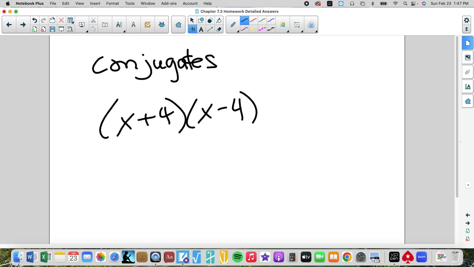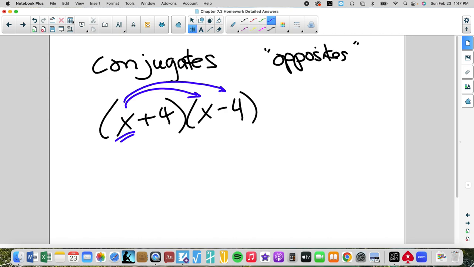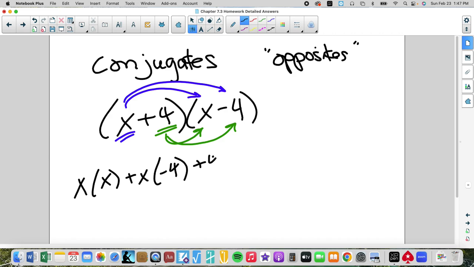They're kind of like opposites, and they're not exactly because the x's are the same, but they kind of feel like opposites. So we still take the first term and distribute it. We're still doing double distribution. We take the second term and distribute, and let's see what happens. So we get x times x plus x times negative 4 plus 4 times x plus 4 times 4.